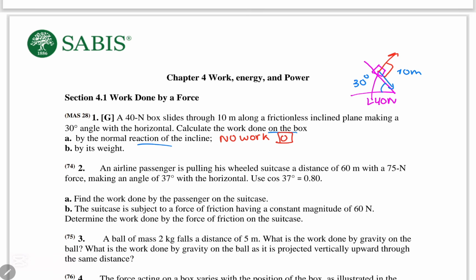Now, by its weight. By its weight is very important. The weight is not normal to the displacement. Our weight, we can actually separate into two components, the y component, which is perpendicular, and the x component. The y component, it's gonna turn into what? Wait, this is 30 degrees over here.